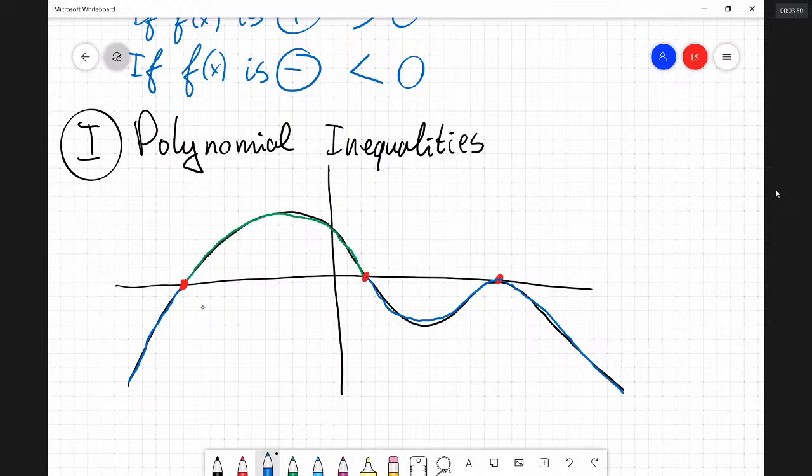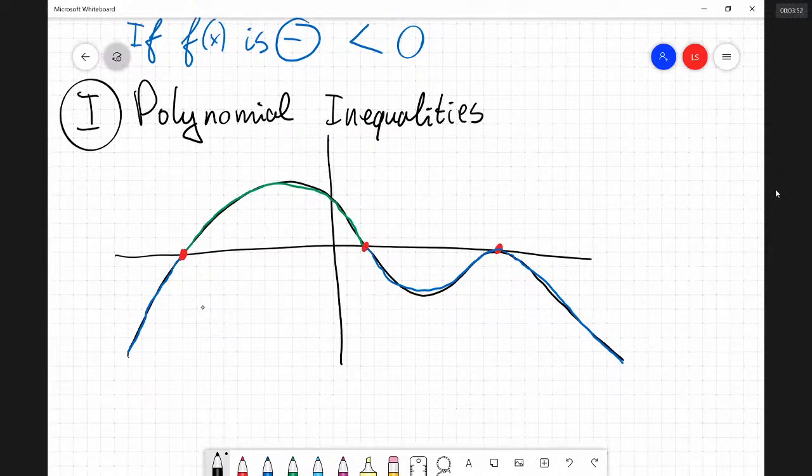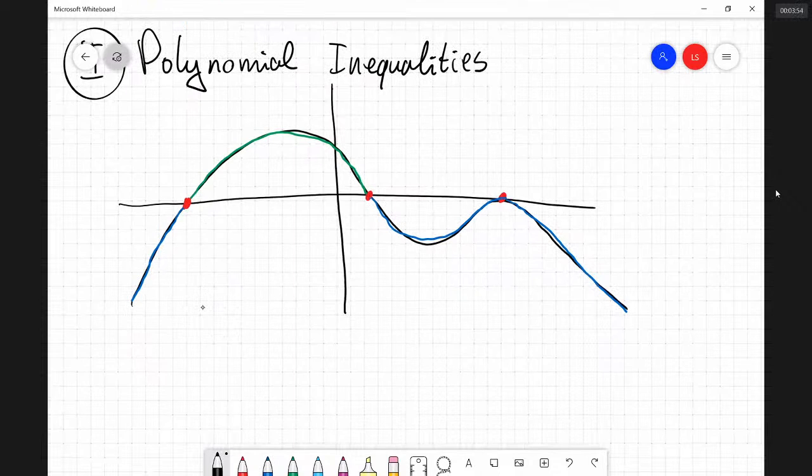Now, the only way that I can go between positive and negative, between being above or below the x-axis, is if I go through a 0, through an x-intercept. I cannot be doing something like this and all of a sudden jump up here.